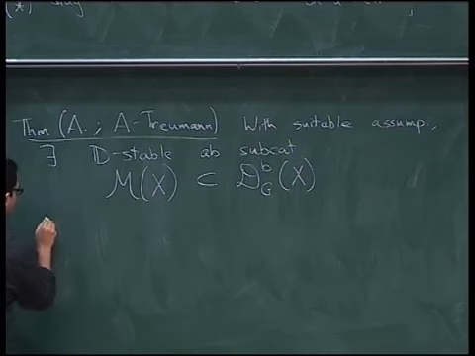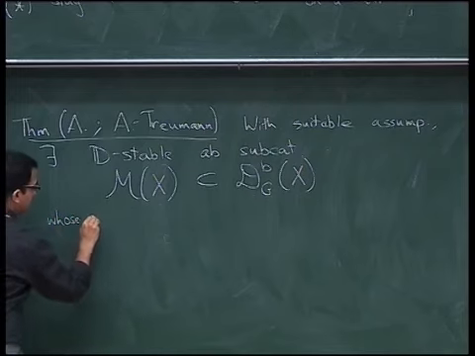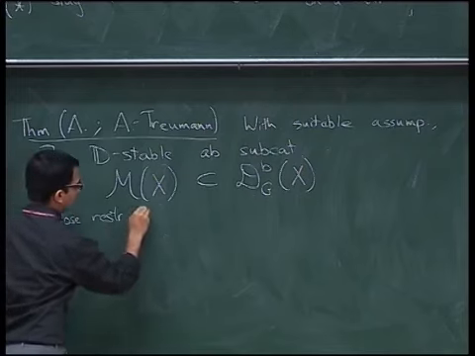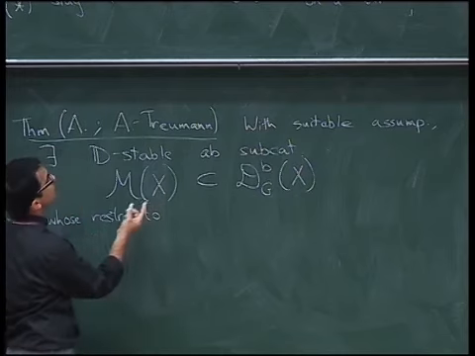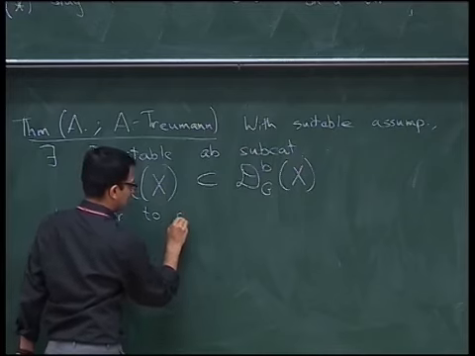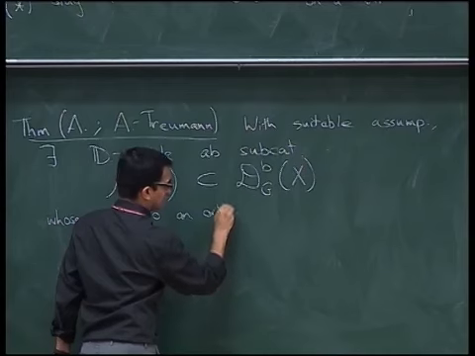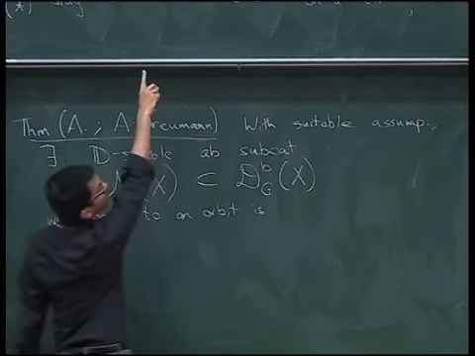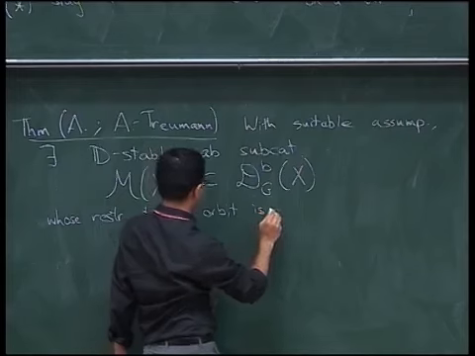With the property that the restriction to an orbit of this construction is of the form that I specified at the bottom of that chalkboard.